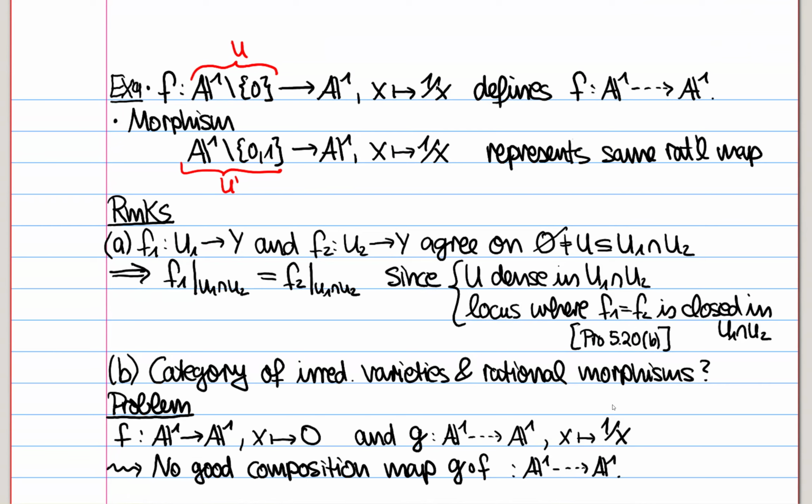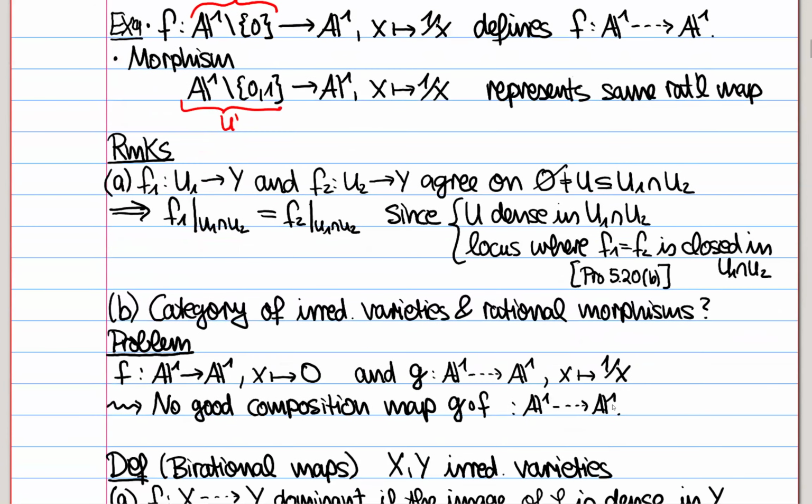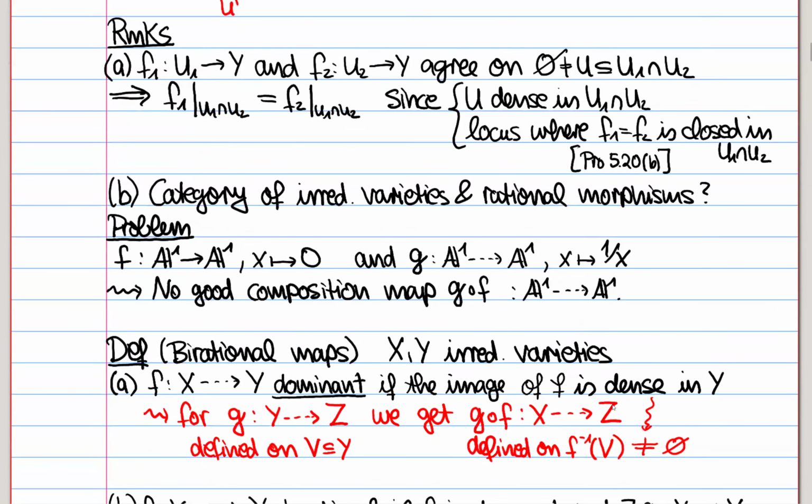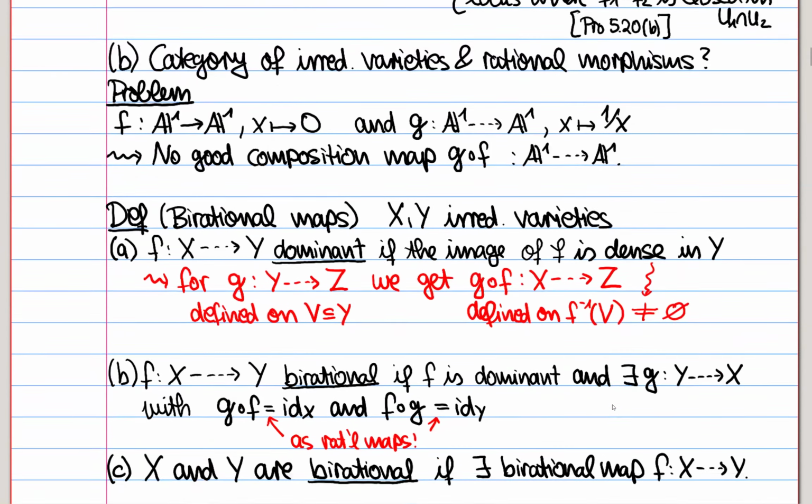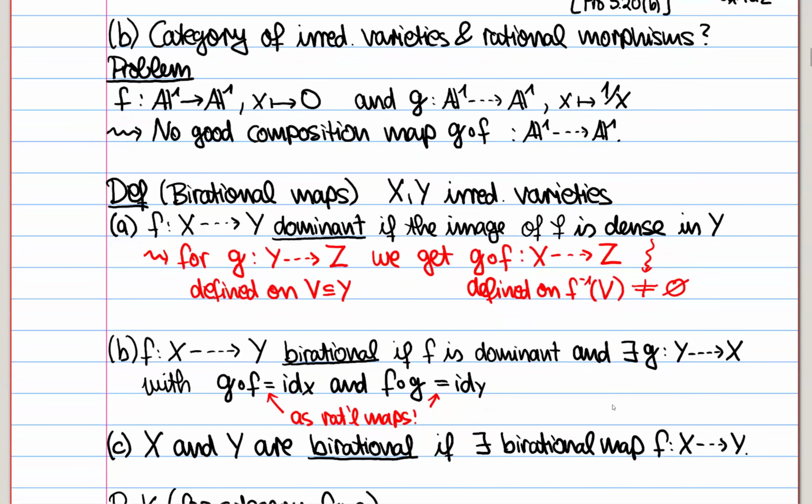This wouldn't work. So we need one more idea, and in fact, the next definition that we're going to see exactly brings this idea and also makes precise this notion that we had before, that two varieties almost agree.